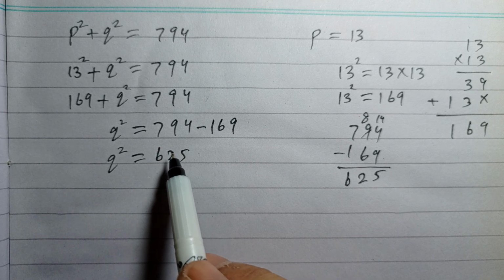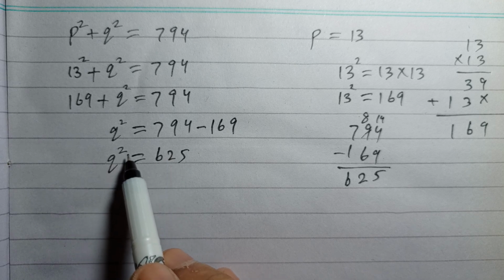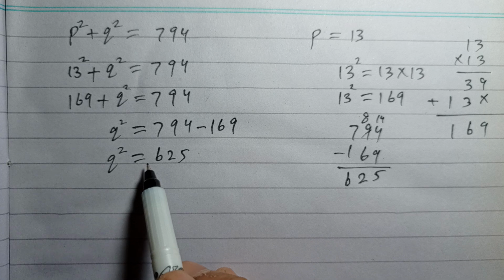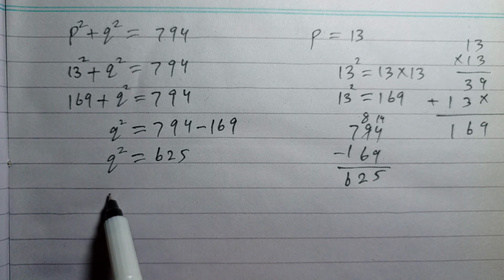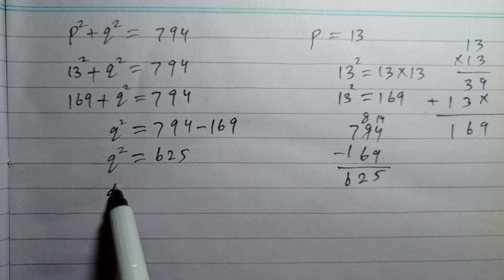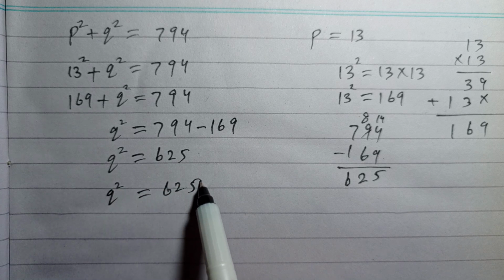But we have to find the whole number, so you will also remove the square of this number. To remove the square, you will take the under root on both sides. So Q square is equal to 625.